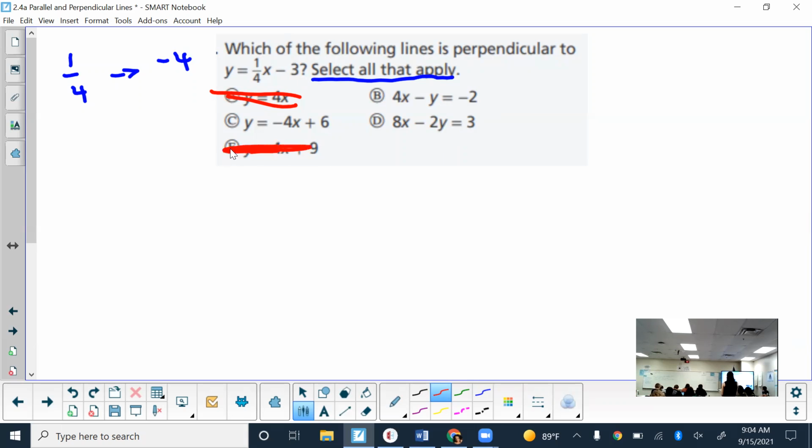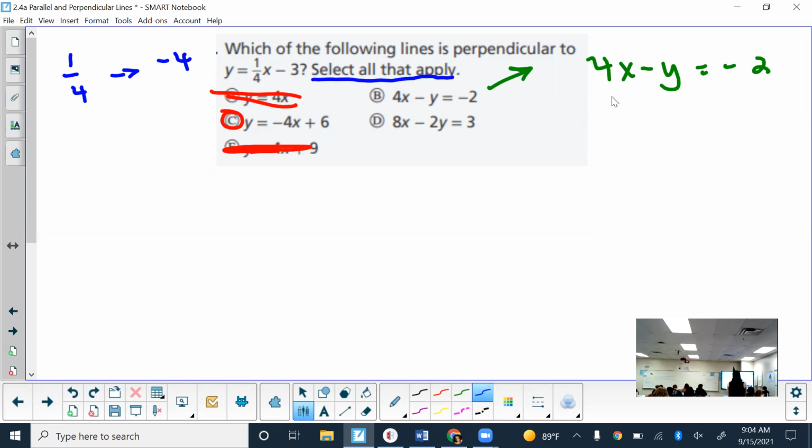Can I eliminate C or E? I can eliminate E. I know C can be one of my answers, but now for B and D, what do we have to do? You need to rearrange these ones. And don't be lazy. All right, don't just be like, I don't feel like rearranging them. The answer is just C. All right, take the time and rearrange it on your test.